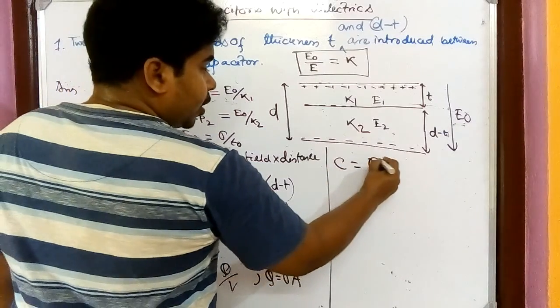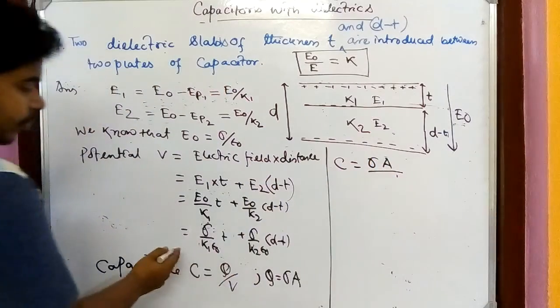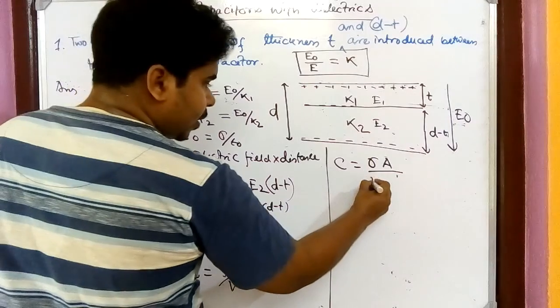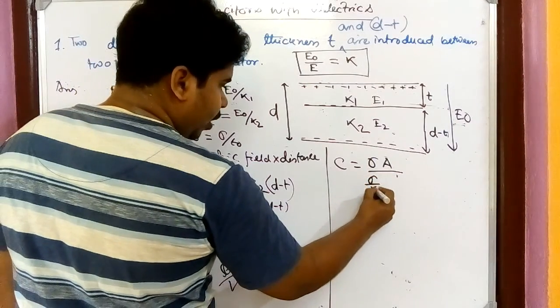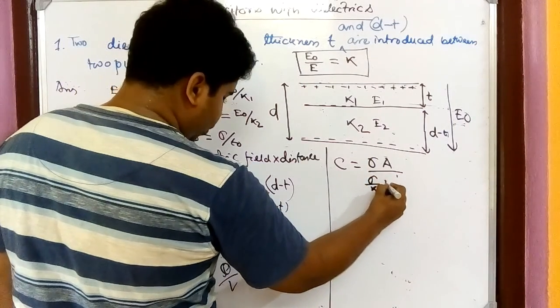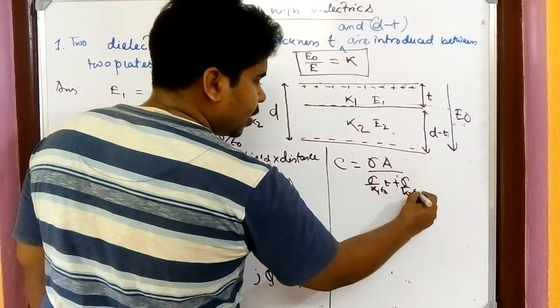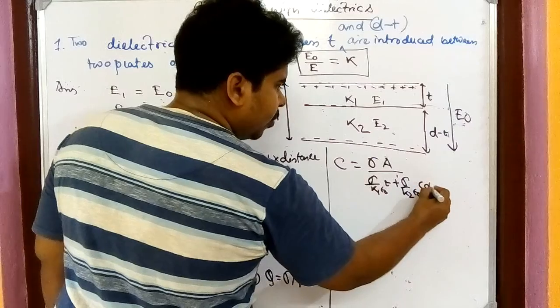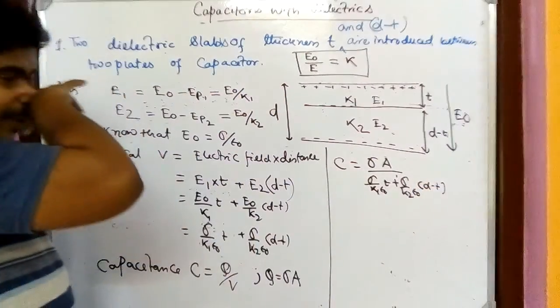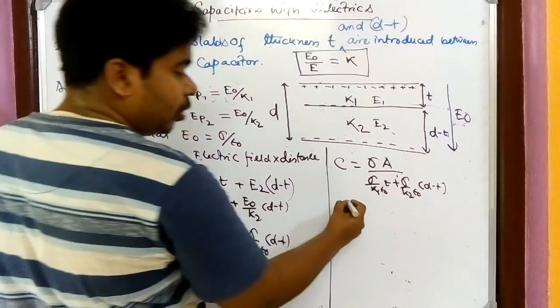C equals sigma into A by the potential, that is sigma by K1 epsilon naught into T plus sigma by K2 epsilon naught into D minus T. You see the sigma will be cancelled out and epsilon will come up.